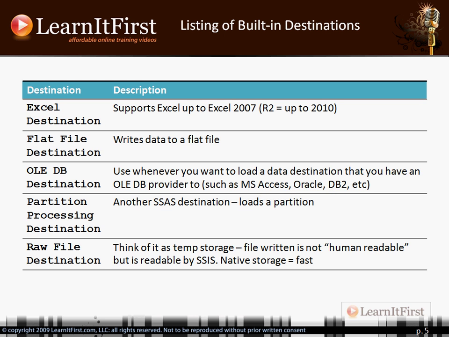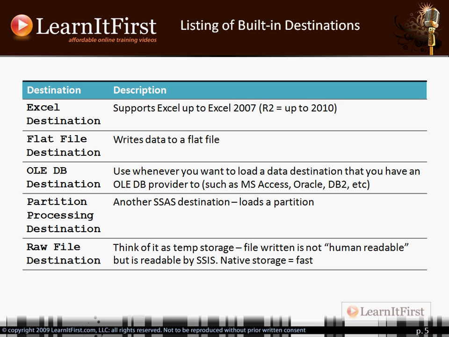Partition processing destination here, the fourth one, another SSIS piece, loading a partition, and a raw file. Okay, so raw files, I'm going to show you how to work with raw file destinations and sources in, just looking at my list, maybe 3 or 4 videos from now. Not a whole lot to it.